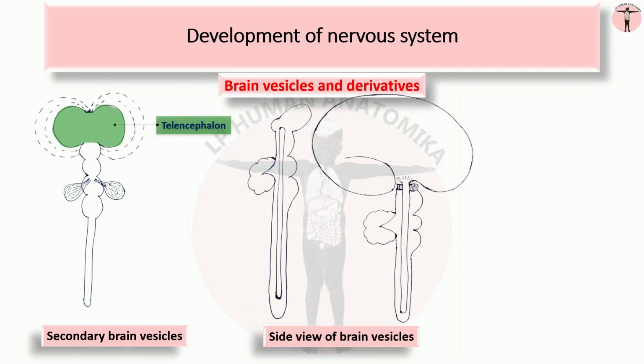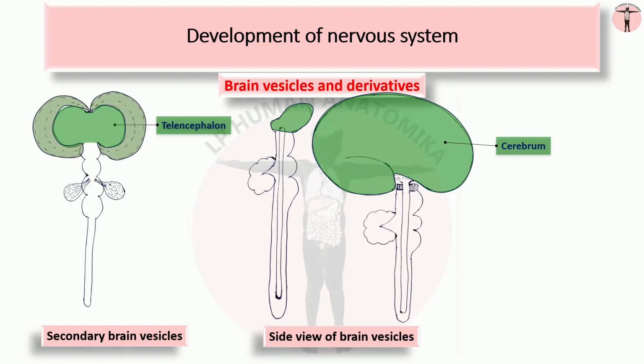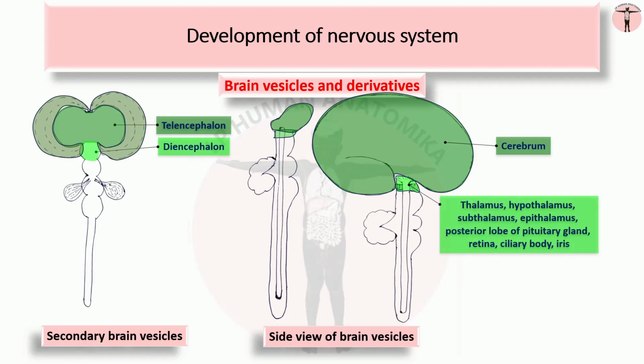The telencephalon develops into cerebrum. Compared to the rest of the neural tube, the telencephalon grows rapidly on all the sides over the diencephalon, which gets buried inside the telencephalon. The diencephalon develops into thalamus, hypothalamus, subthalamus, epithalamus, retina, ciliary body, and iris.